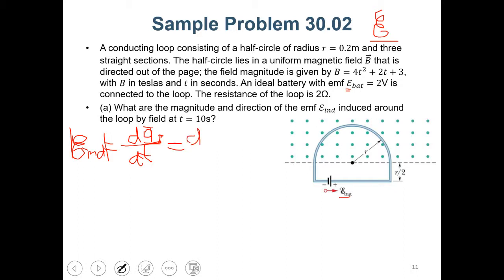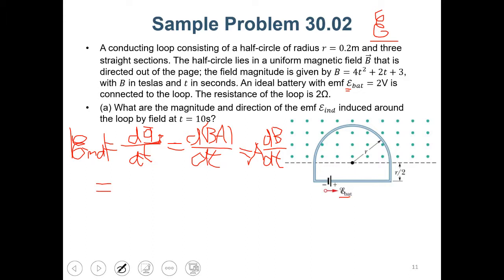So we can simply use BA to substitute phi B, and A is a constant with respect to time. So we only need to calculate the derivative of B with respect to the time.